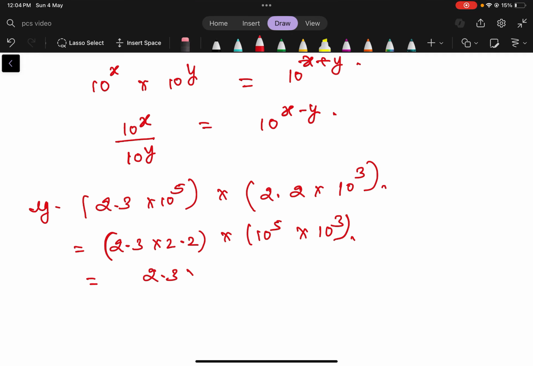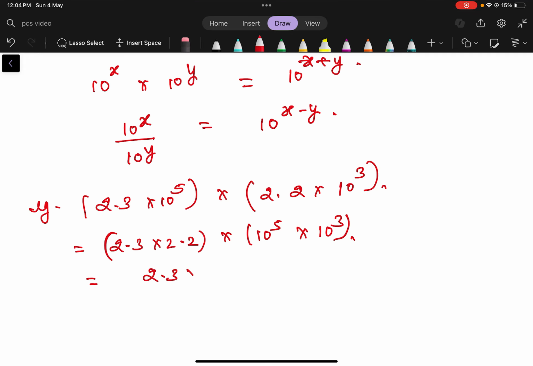You multiply 2.3 into 2.2, and the answer comes as 5.06 into 10 to the power 8, right? So this is as far as multiplication is concerned. Now let's look at division.